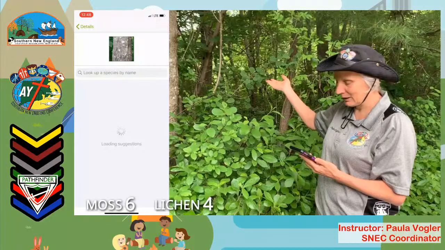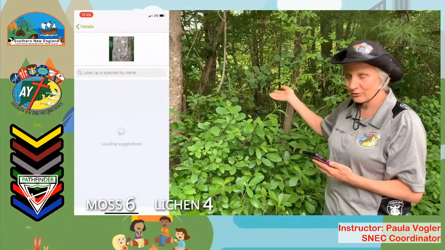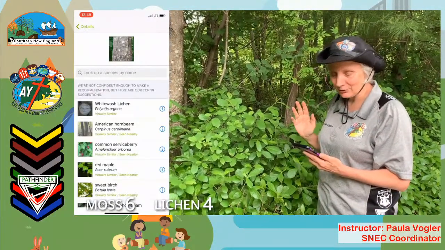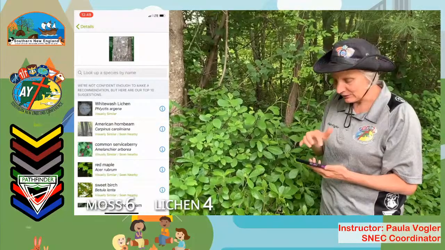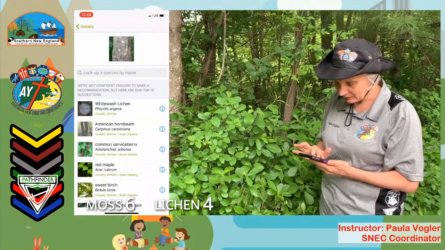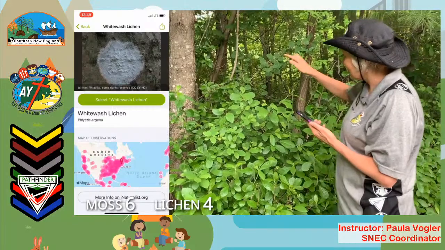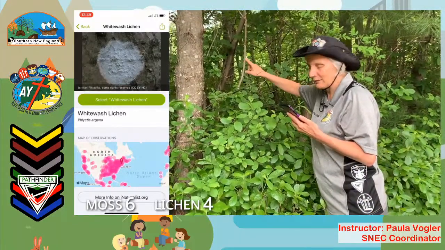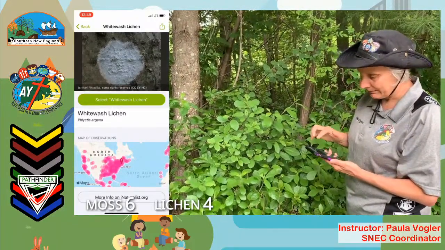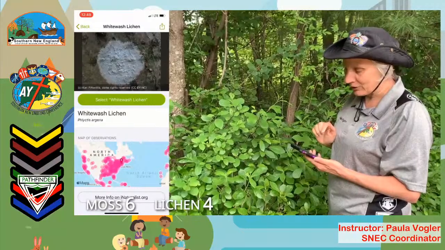Sometimes it'll tell you what the tree type is, or if there are leaves nearby, it'll tell you what that is. And here it is. I see whitewashed lichen, and I'm going to click on that. And to me, that looks very much like the spot there. Looks very much like the picture that came back.